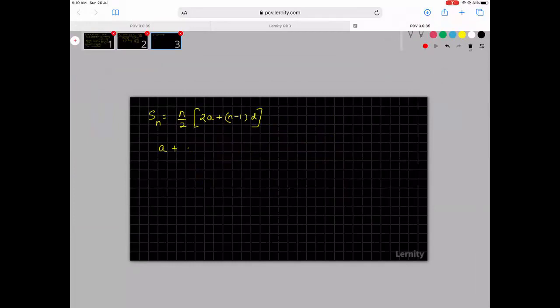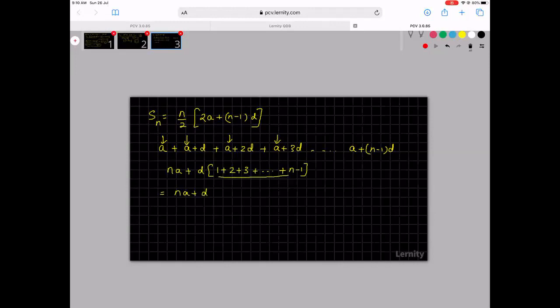Basically, sum of n terms means a plus a plus d plus a plus 2d plus a plus 3d and so on up to a plus n minus 1 into d. If I look at the a's together, I will get n a's, plus I'll take d common. If I take d common, I'll get 1 plus 2 plus 3 plus so on up to n minus 1.